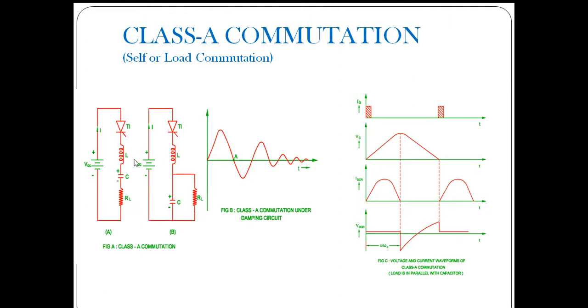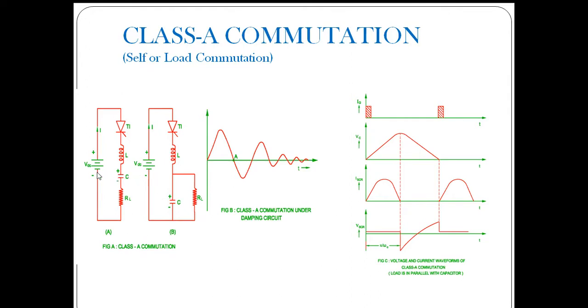The energy stored in the inductor appears in the reverse direction across the main thyristor, as a reverse bias voltage. With that, the voltage across the capacitor slowly decreases, and with the available energy of the inductor, the thyristor is turned off. When it is turned off, there won't be any current through the device. So what exactly happens is, when we fire the thyristor, current flows through the circuit and the capacitor charges.